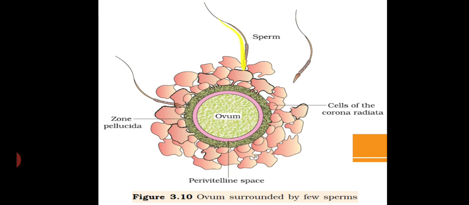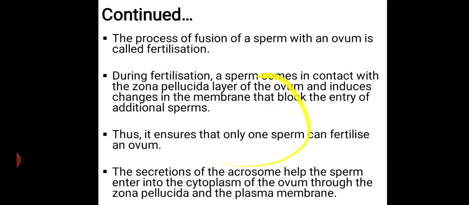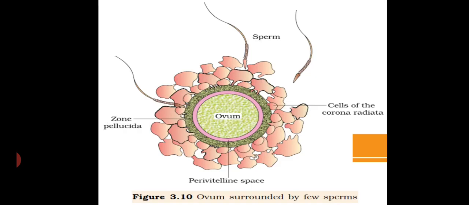So the millions of sperm, as you can see, are coming over here, but as a single sperm gets in contact with the outer layer of this ovum, the rest of the sperms are blocked with the help of the zona pellucida. So this is the entire mechanism of how fertilization occurs.